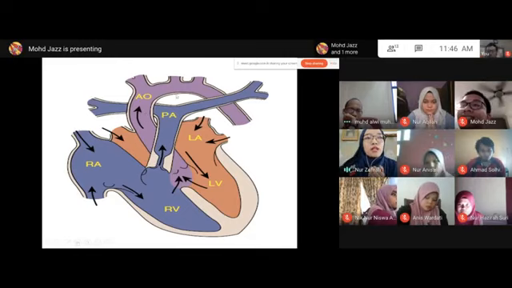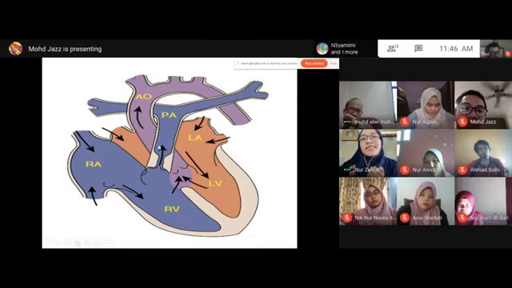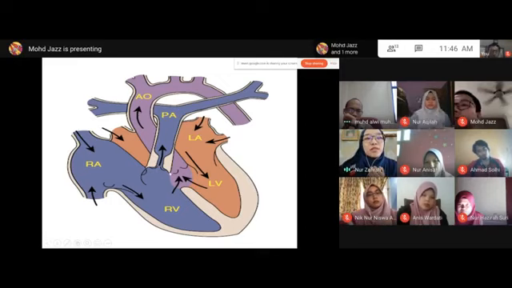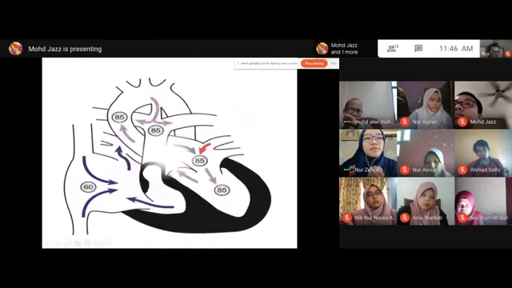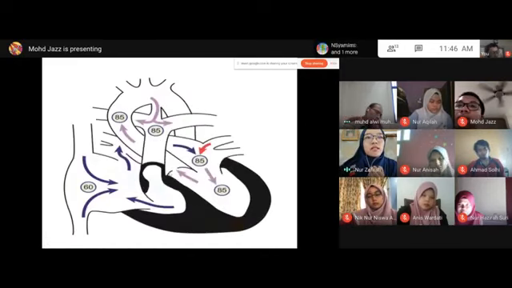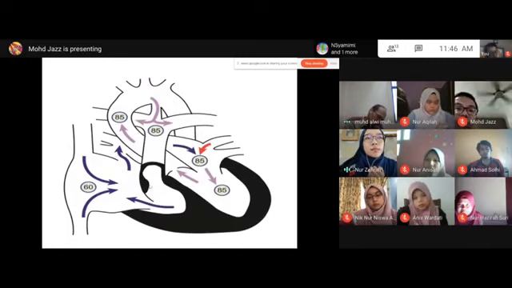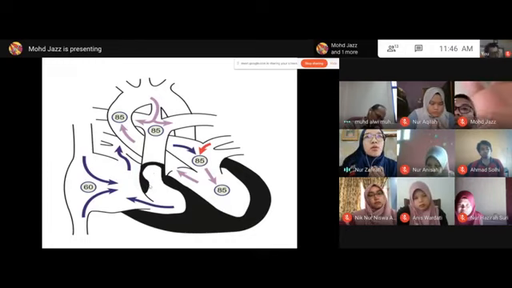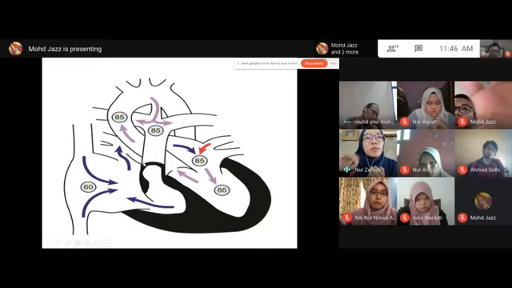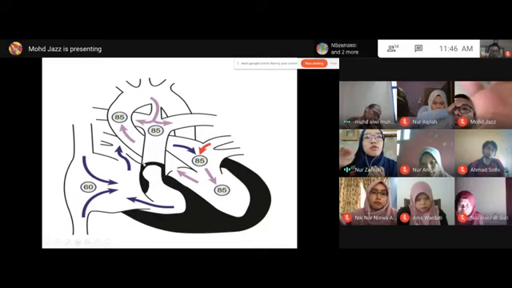So the next one under decreased pulmonary blood flow is pulmonary atresia. Pulmonary atresia is where the pulmonary valve itself has been fused into a membrane. There is no pulmonary valve. So the blood goes from the right atrium into the right ventricle, but the blood cannot go into the pulmonary artery because the pulmonary valve is absent.